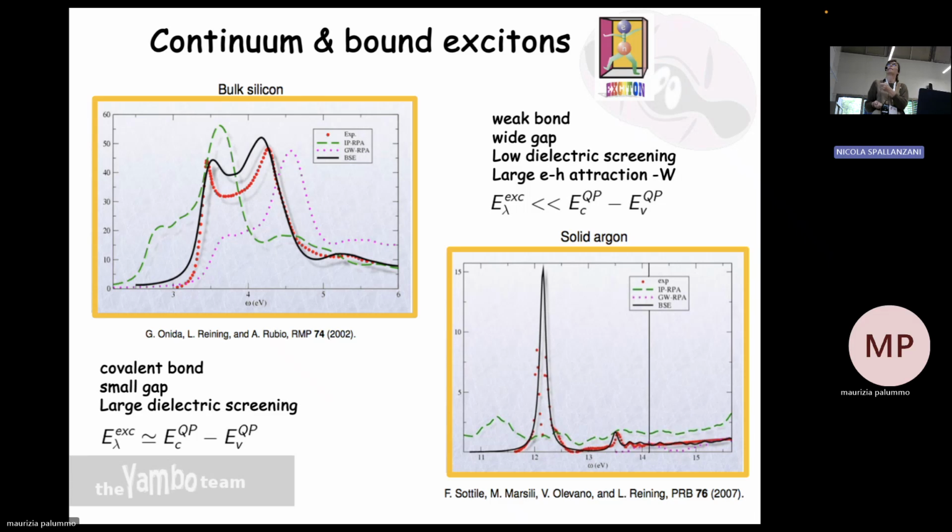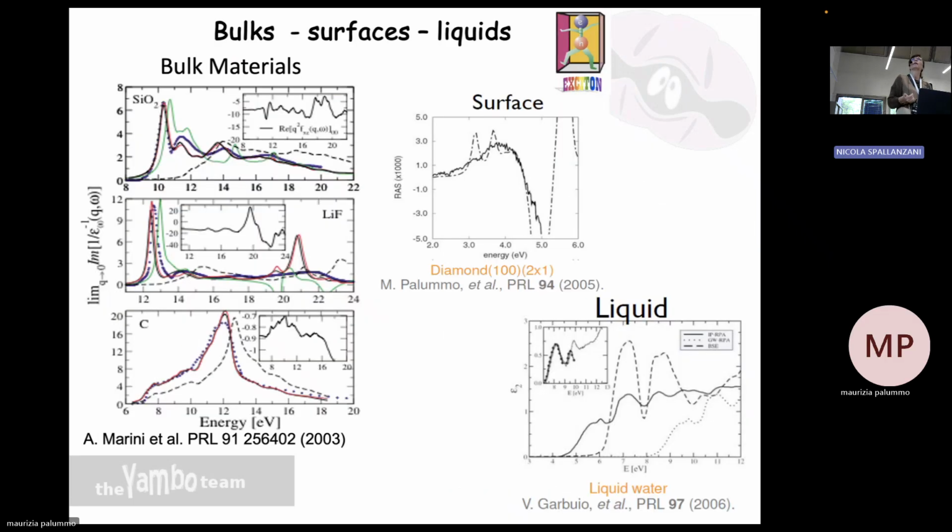If you calculate the independent-particle RPA spectrum, it is the green one, while the Bethe-Salpeter result perfectly matches the experimental data. This is something you would never be able to obtain with any independent-particle calculation. Okay, another example, quite historical.